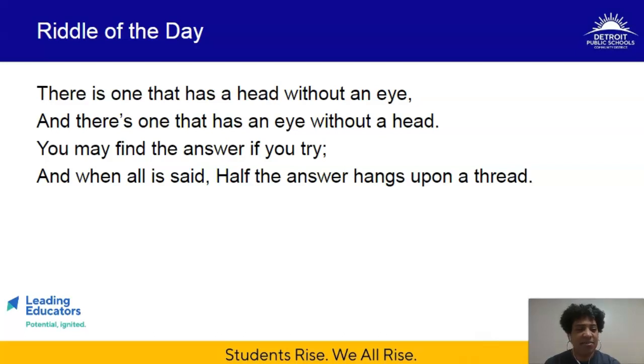And what could possibly have an eye without a head? Think about that. Is that an actual living thing? And if not, then what object could those first two sentences describe? And then the cryptic line, half the answer, so that means one of the two answers, hangs upon a thread.